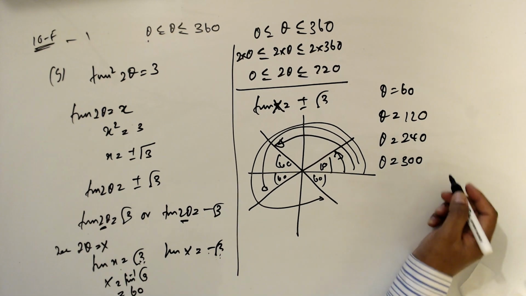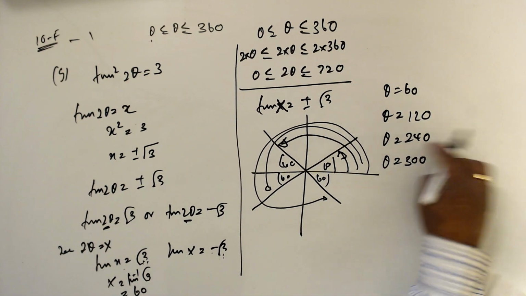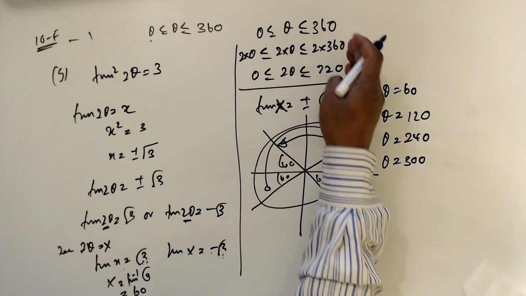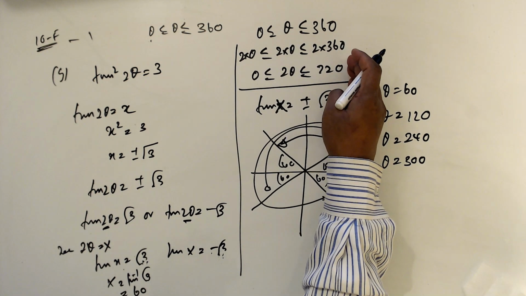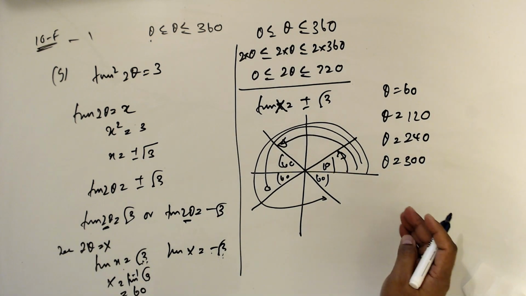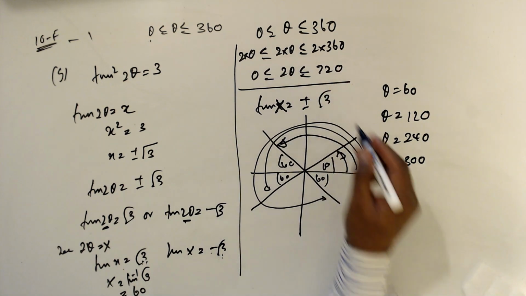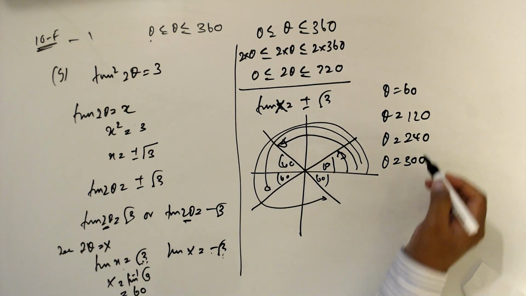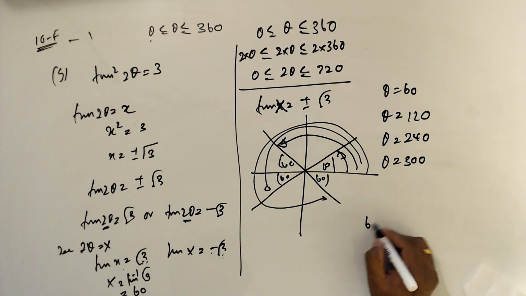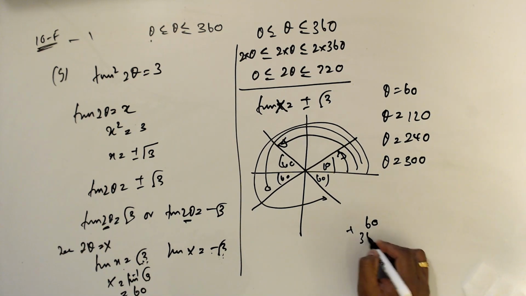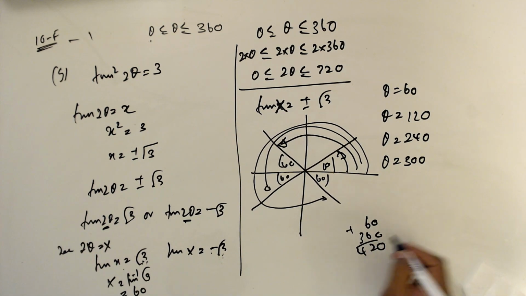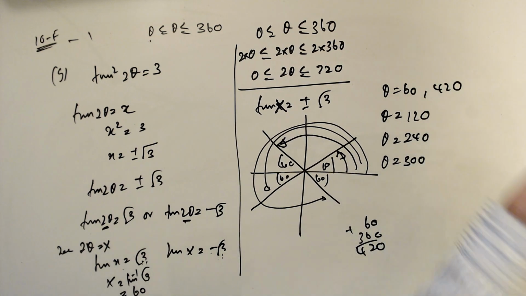Now I want to add 360 to each until I get the 720 criterion. So 60 plus 360 is 420, which is fine.